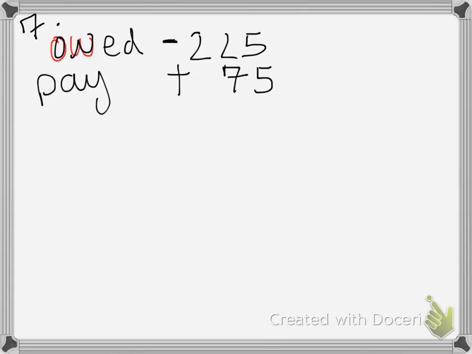Write an expression describing the total change in the credit card balance. We started off with $225 in the negative. That's how much we owed. But then I paid $75 to it. That will give me my final balance.